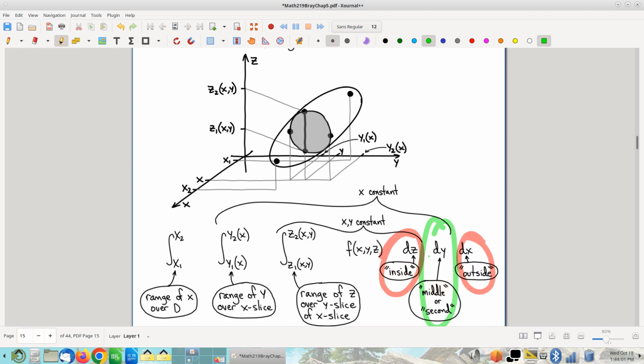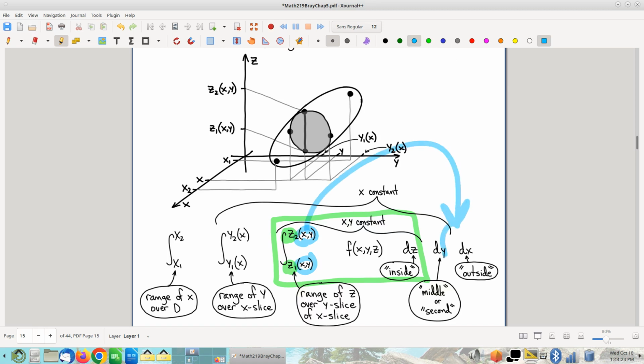Okay. All right. Furthermore, notice that for any given one of these integrals, let's look, for example, at this inside integral, the dz integral. A couple of things to say about it. For one thing, the bounds, the z bounds, notice they are functions of the outside variables. Again, as they should be.